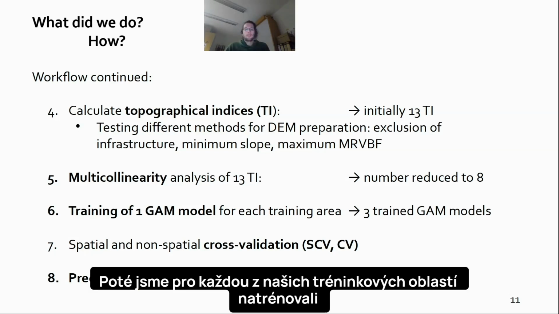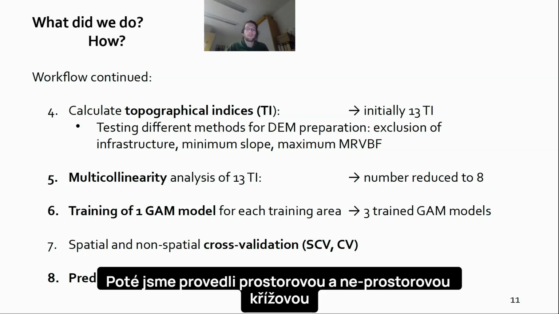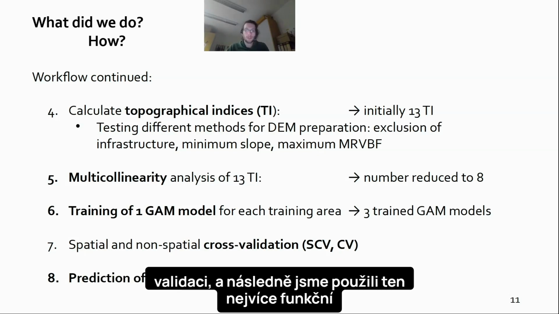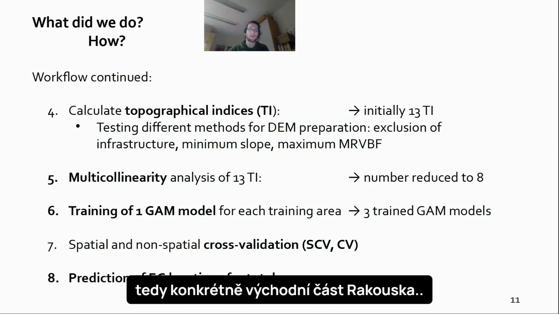Then we trained one generalized additive model for each of our training areas to predict the training features in there. Then we performed spatial and non-spatial cross-validation, and then we used the best performing of these 3 models to predict our larger area of interest, the eastern part of Austria.